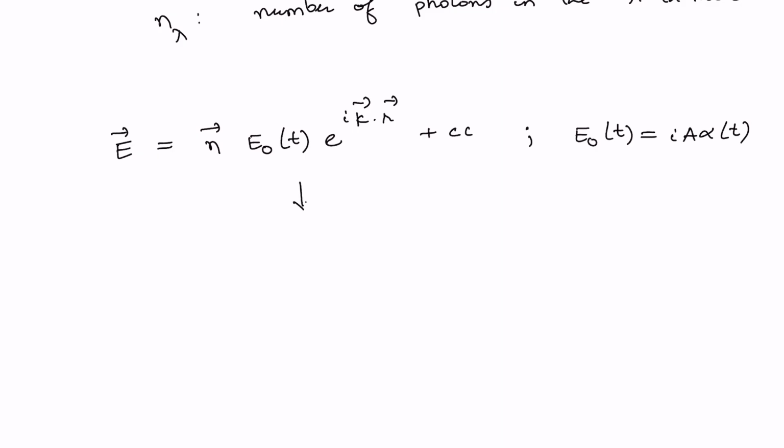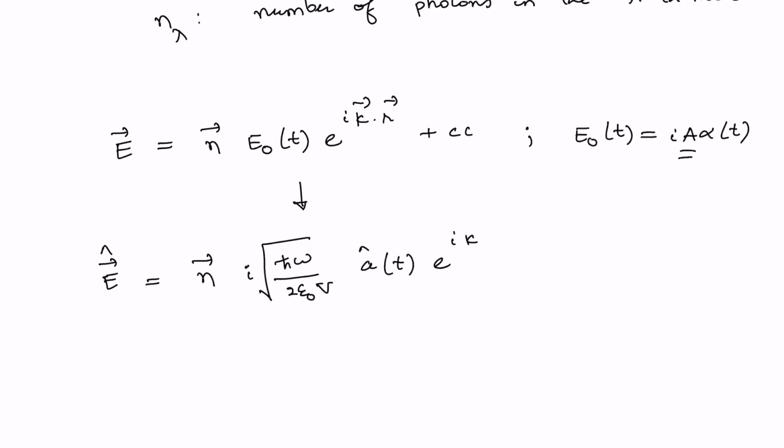So therefore in the quantum regime, the electric field is going to be represented by an operator, and we have this constant eta, which we already know, that is root of h cross omega divided by twice epsilon 0 V, and alpha is replaced by this annihilation operator a of t.